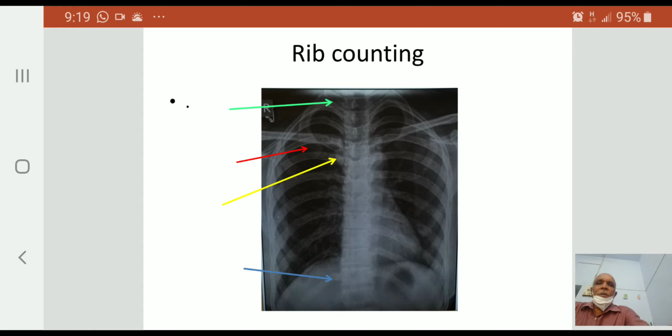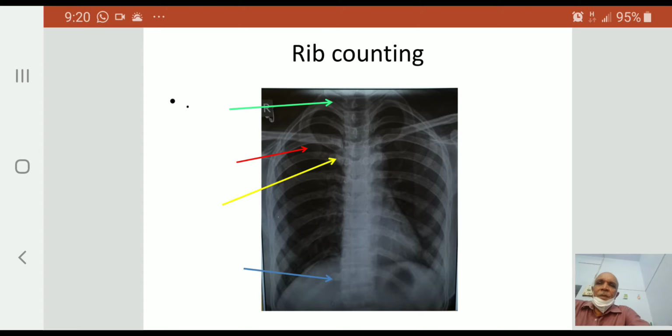The anterior ends of the upper 7 ribs are attached to the sternum, and ribs 8, 9 and 10 are attached to the rib above and connect with the sternum. They have an indirect connection with the sternum. The 11th and 12th ribs have no direct or indirect connection with the sternum, but only a connection to the vertebrae. So we should count the ribs from the posterior end.